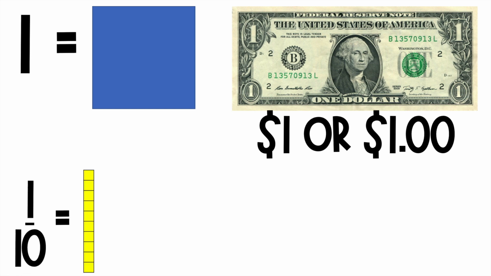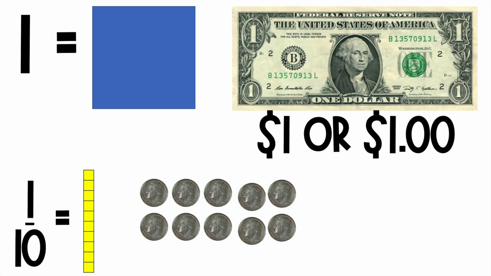But how would we represent 1/10 as money? We know that in the base 10 blocks, we would use a 10 rod because you need 10 of them to fill in the 100 square, right? But what do we need 10 of in money form to equal $1? Well, what about a dime?